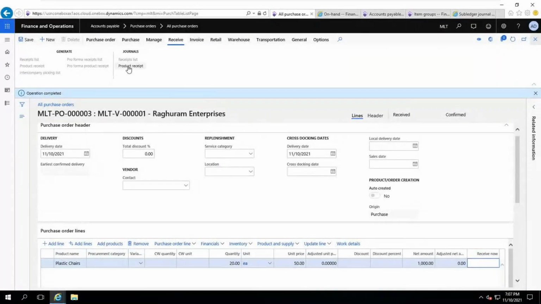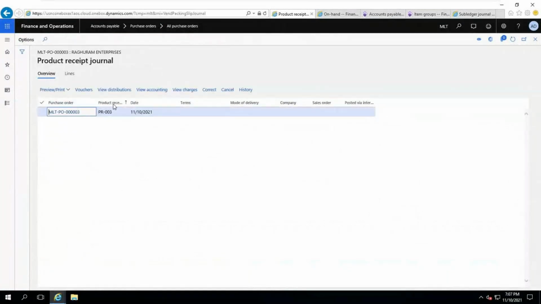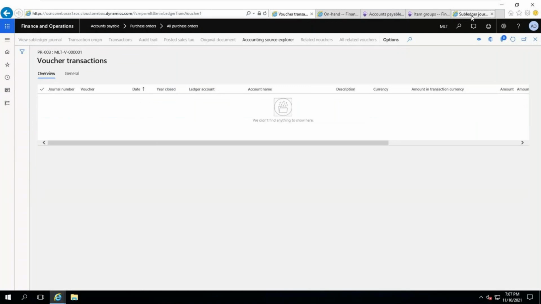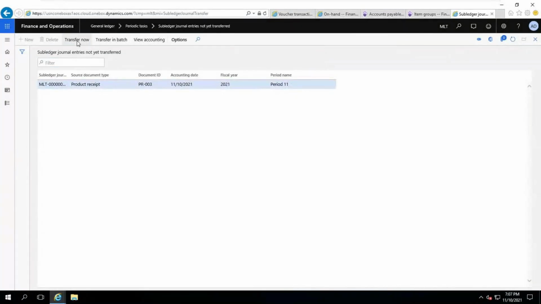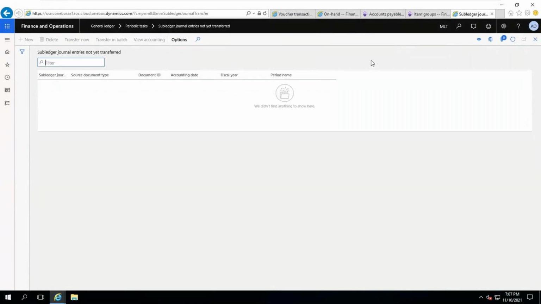If you go to product receipt, the voucher will be blank. We know it is not transferred, so you need to click on subledger journal, not transferred. Transfer now. Now it will be posted.